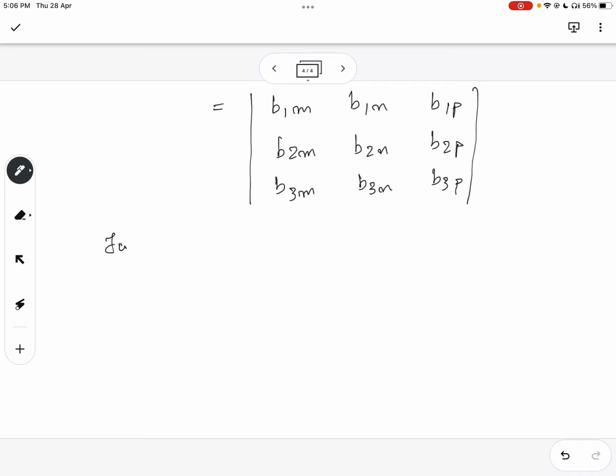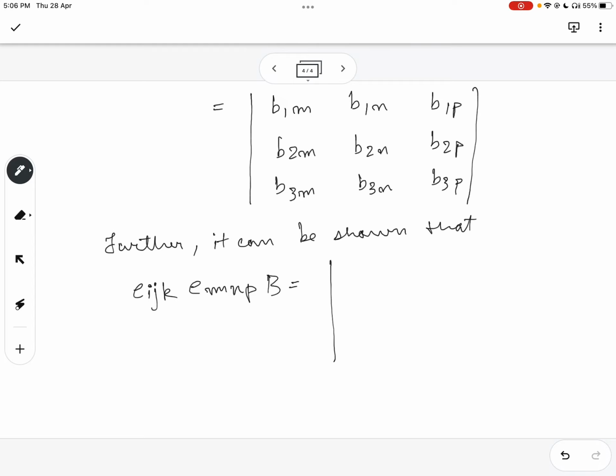Further, it can be shown that if we multiply again Eijk on both sides, then the right hand side becomes Bim Bin Bip, Bjm Bjn Bjp, Bkm Bkn Bkp.